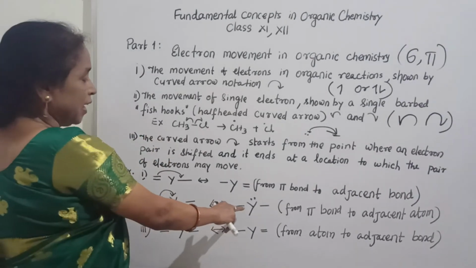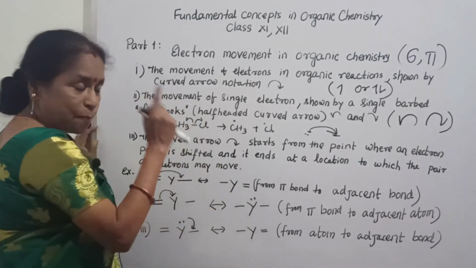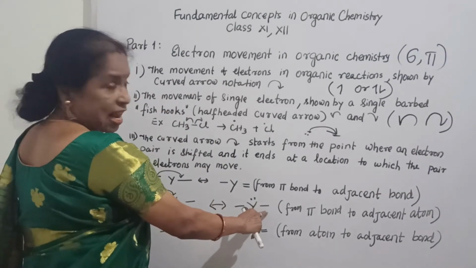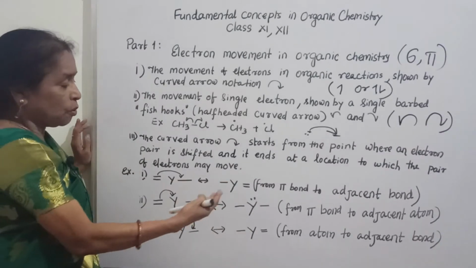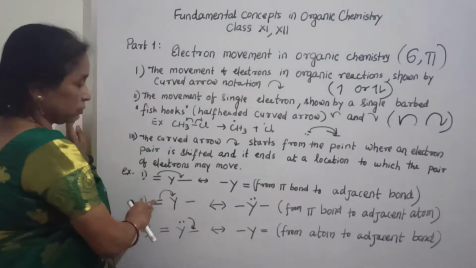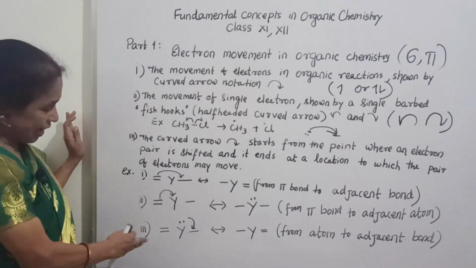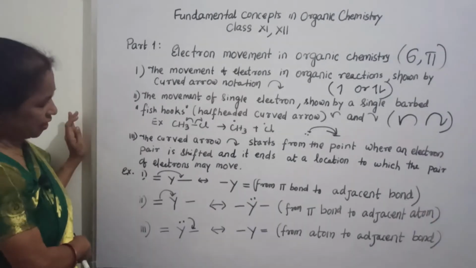That is why the result is that it becomes a single bond, and Y occupies a pair of electrons, and this remains a single bond. So what is the type of movement? From a pi bond to the adjacent atom, that is Y. In the third case, see what happened here.